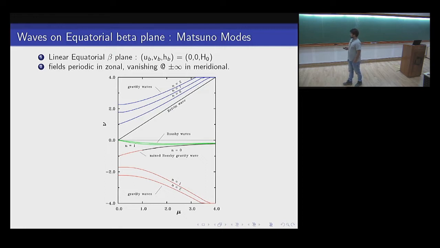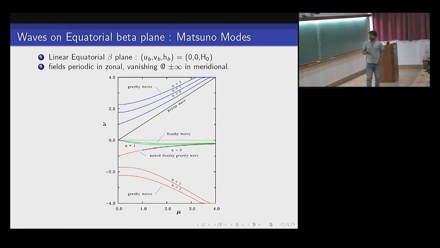This work was done fairly long back by Matsuno, and interestingly, you get three families of waves. There are the eastward propagating and the westward propagating inertial gravity waves, which are fast, and there is a family of Rossby and the mixed Rossby gravity waves, which are slowly propagating westward modes.